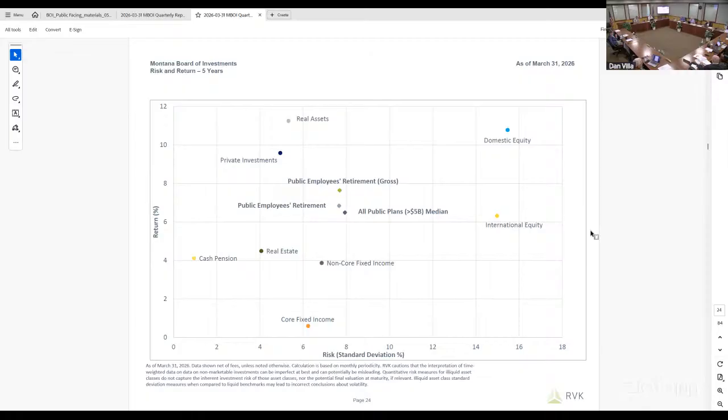And then our core fixed income, very low risk, as you can see, and the non-core component outperforming with a little bit more risk. So it's interesting just to see where your total fund is and where the asset classes around it are in terms of their risk and return contribution to the portfolio.